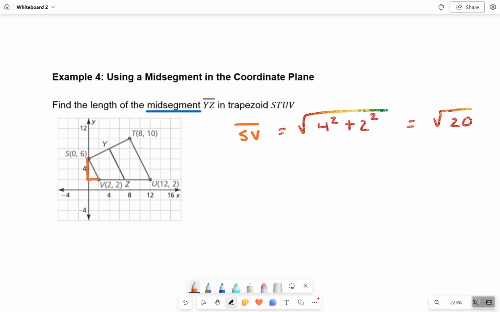T to U. So I'm looking for this other part right here. So guys, understanding that we're going by 2 units every way, how far down and how far over do I have to go for TU?